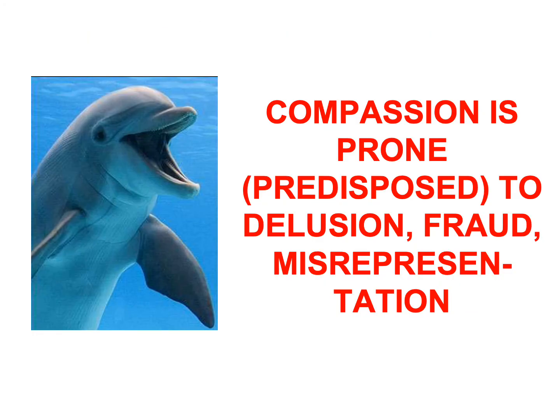And compassion is predisposed to delusion, fraud, misrepresentation. Here you can see as if the dolphin would laugh, but it is open eyes, open mouth, not a laugh in the meaning of the human laugh.